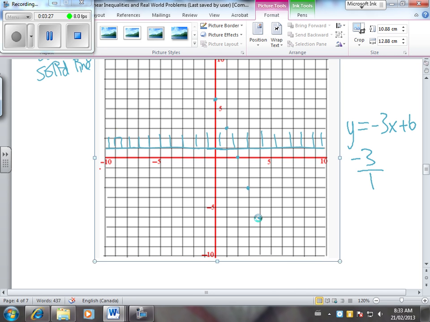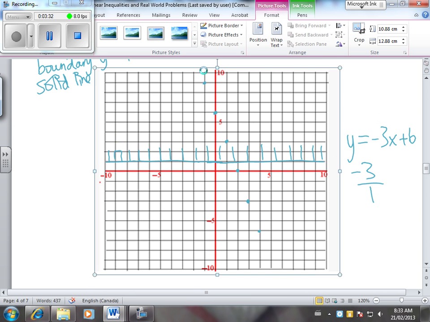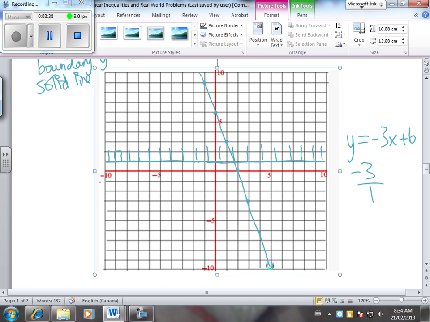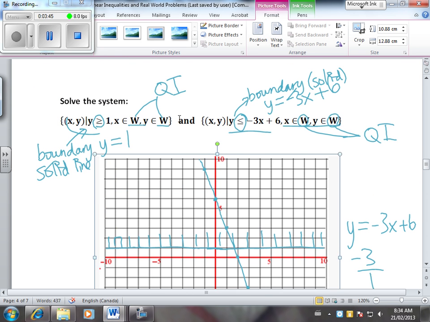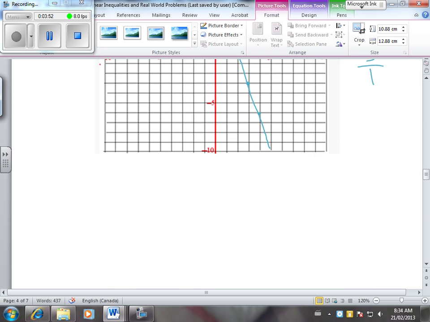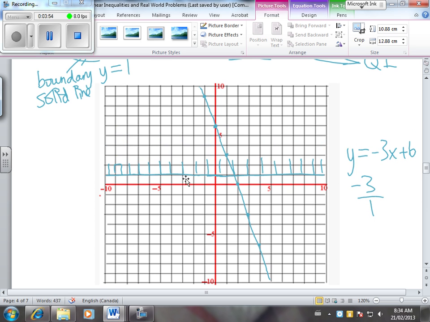And then we can go up the same, so over 1, up 3, and we can draw our line. Then for this one, if we look at our inequality, y is less than or equal to, so our boundary there will be below the line.